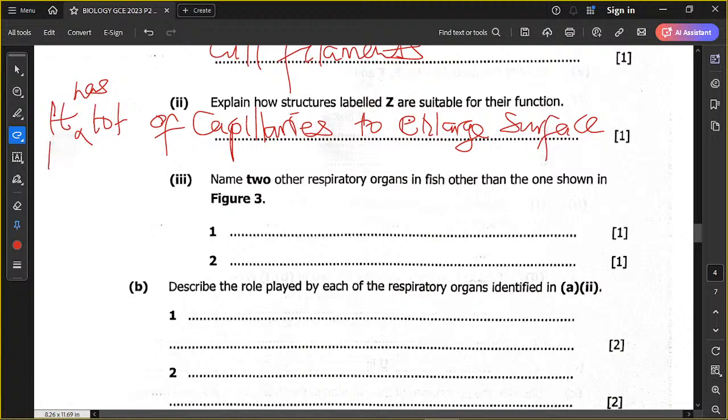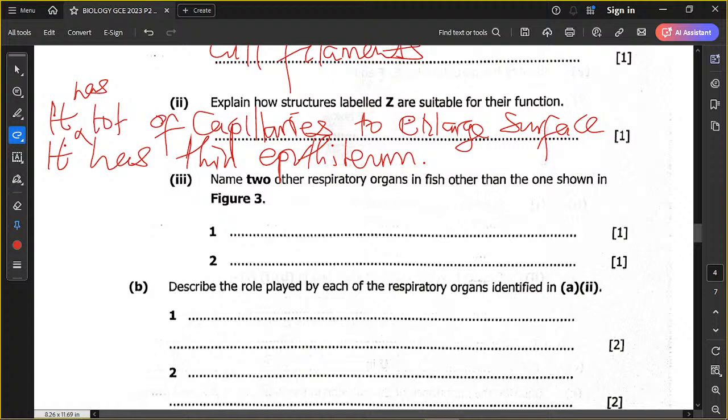It has a thin epithelium. The reason it has a thin epithelium is that when the water goes into the gills, because of the thinness of the epithelium, the oxygen easily enters the body of the fish, because the oxygen will pass through a thin layer. That's good.